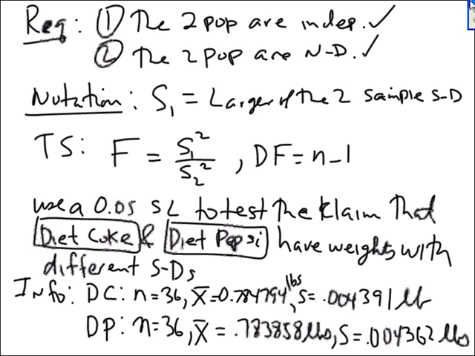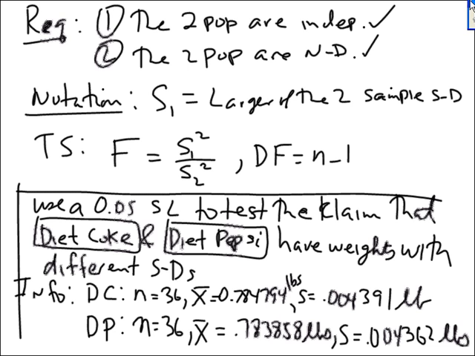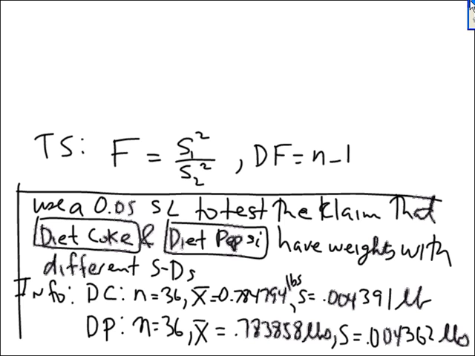And they want us to use a 5% significance level to test their claim. All right? So we use the test statistic and we use the F table.